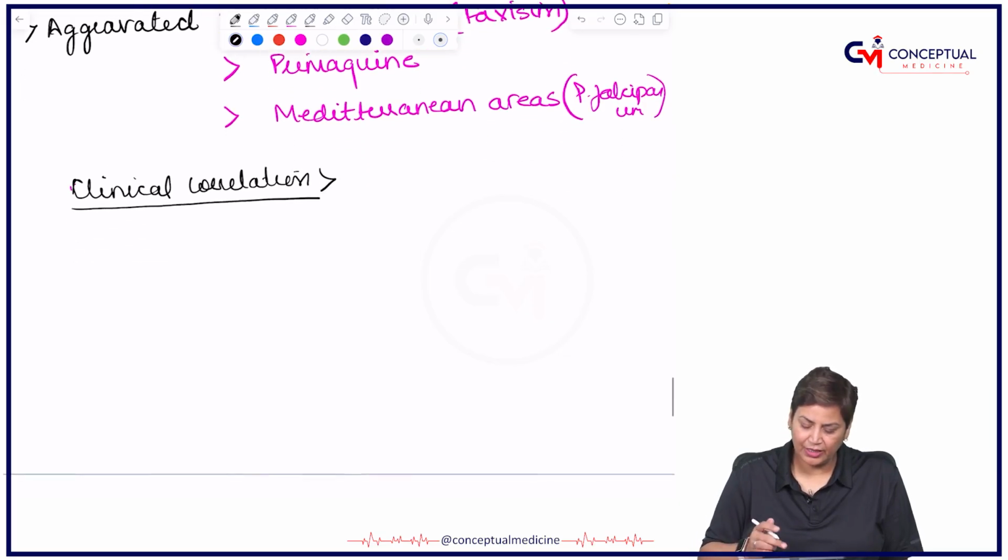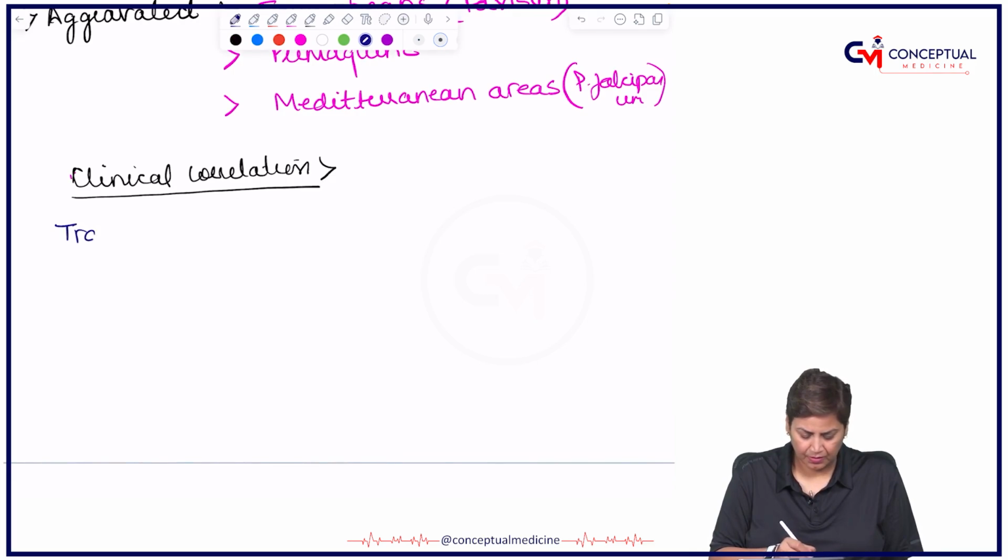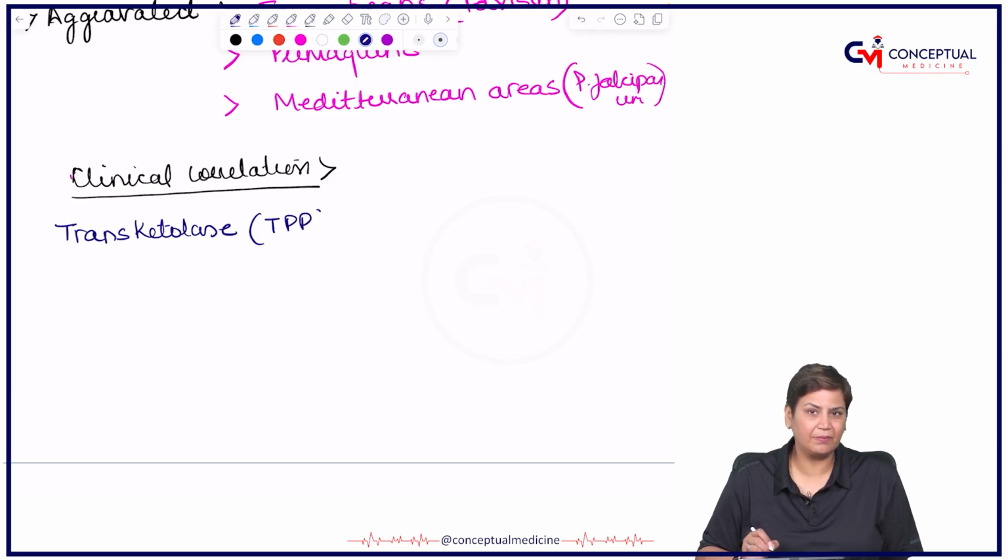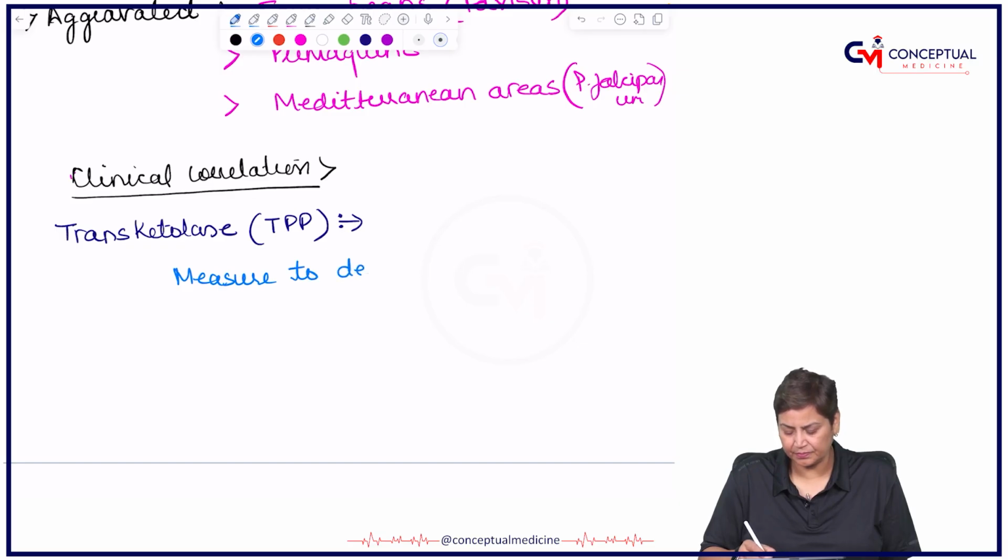This transketolase enzyme has TPP as a coenzyme. Just now I told you, TPP as a coenzyme. So this is a measure to detect B1 deficiency in RBCs.